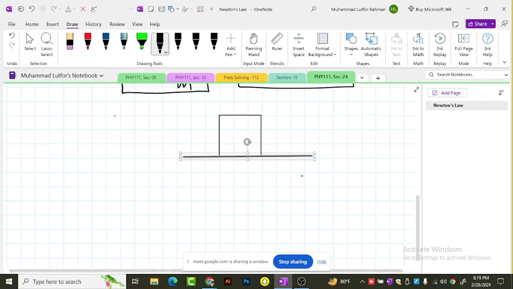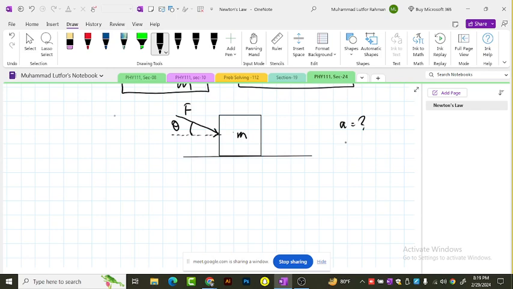It has mass exactly m, and right now, instead of dragging, I push that block with exactly the same force F, which also makes an angle theta over here. Fine. To find out, same two parameters I'm going to calculate: one is the acceleration, another is the normal reaction force.